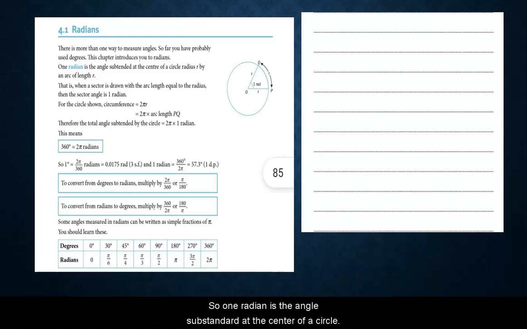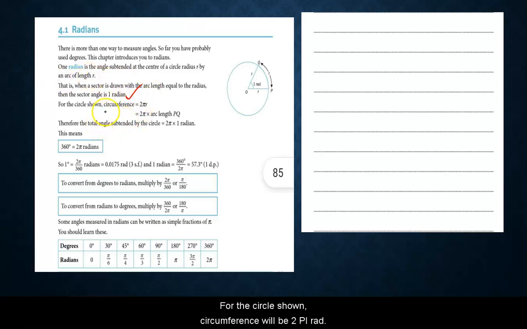So 1 radian is the angle subtended at the center of a circle by an arc length equal to the radius r. That is, when a sector is drawn with an arc length equal to the radius, then the sector angle is 1 rad.